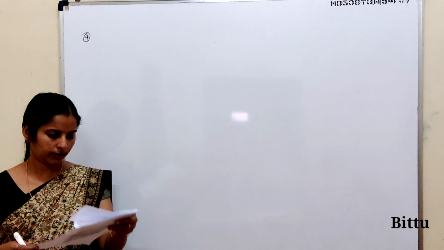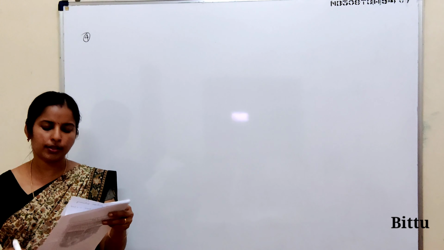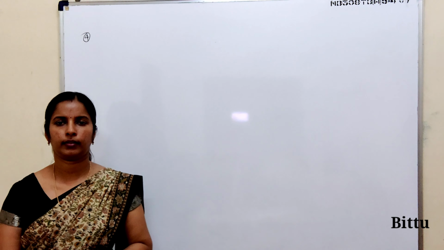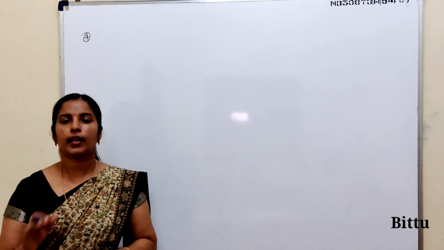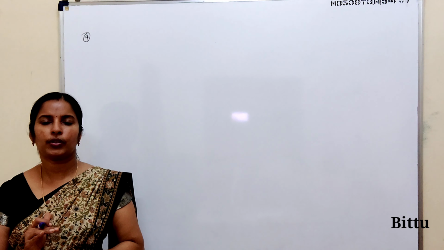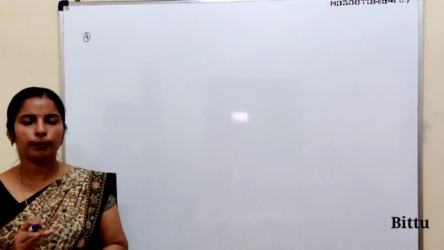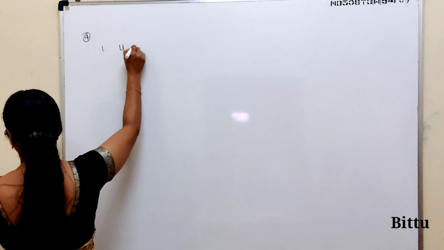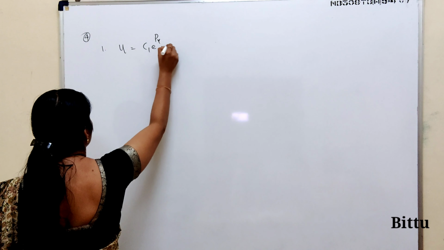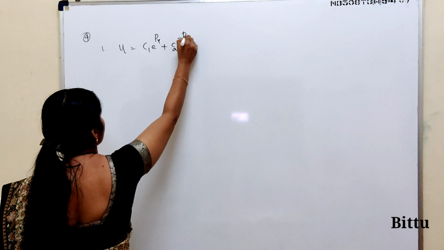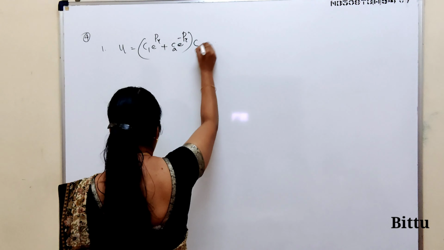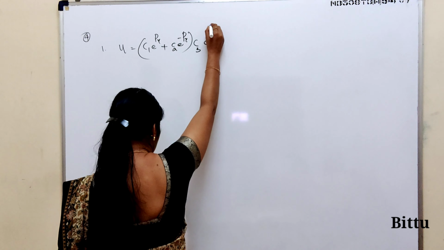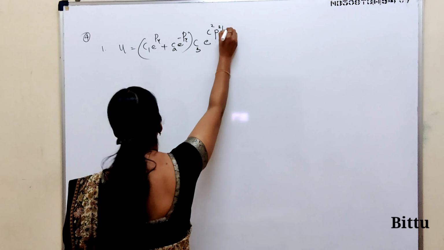Question number 4, what are the possible solutions of the one-dimensional heat equation? See, there are 3 possible solutions of the one-dimensional heat equation. Number 1, u equal to (C1 e^(px) plus C2 e^(-px)) into C3 e^(c² p² t).